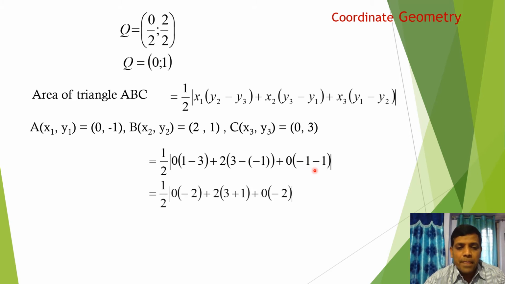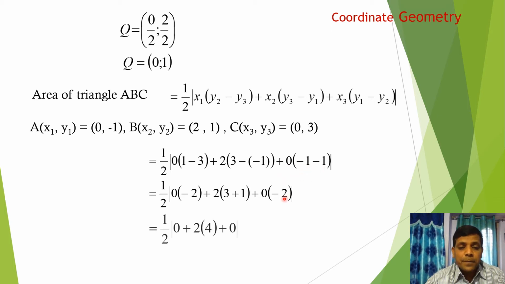Right, the next step: half mod into 0 into (1 minus 3) plus 2 into (3 minus of minus 1), that is 3 plus 1, plus 0 into (minus 1 minus 1) which is minus 2.